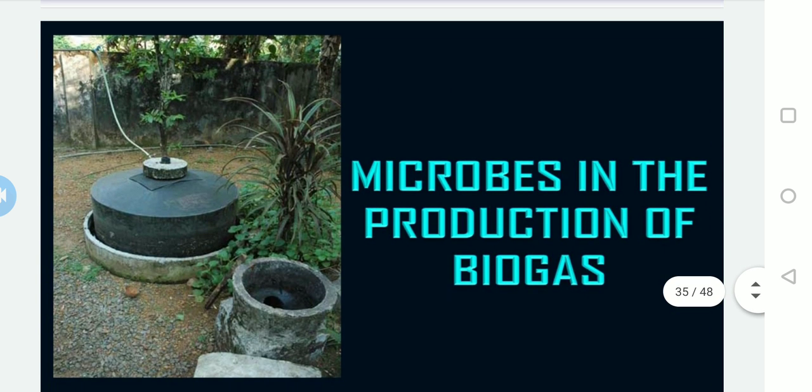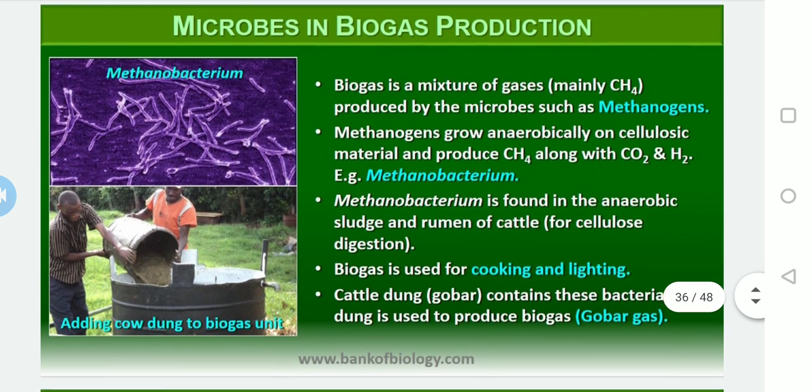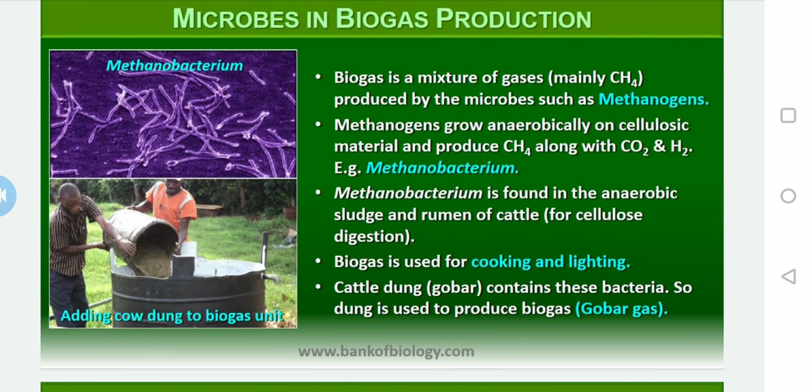So after this, we have to discuss another important topic, the microbes in production of biogas. You must have seen a biogas plant like this, especially in rural areas.